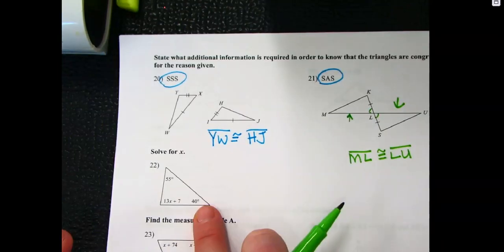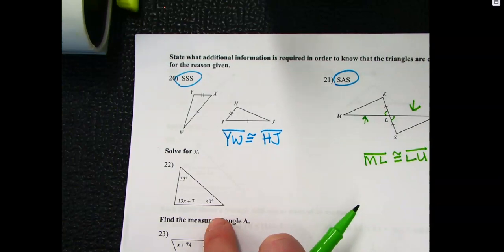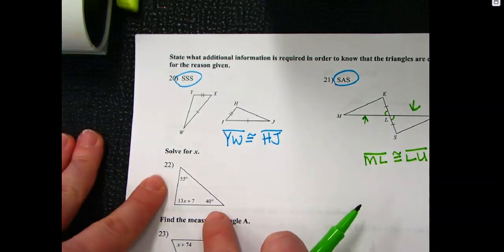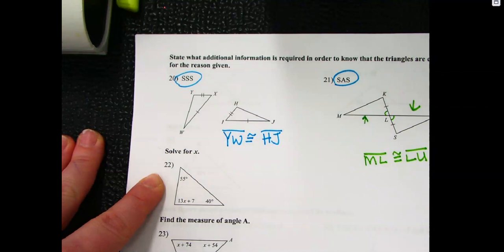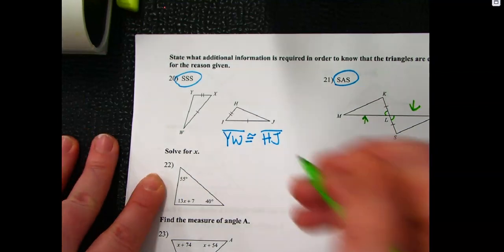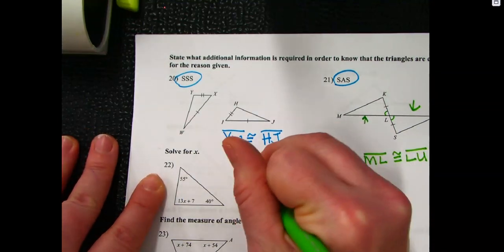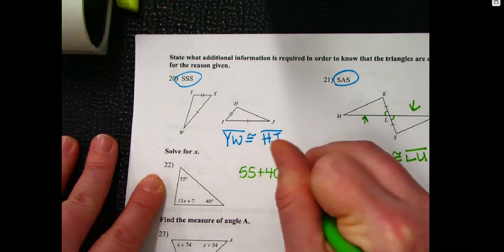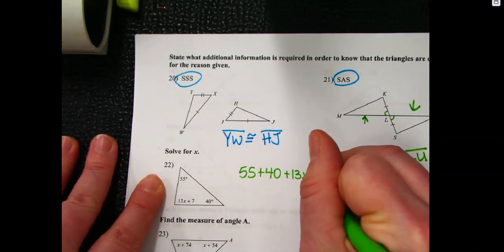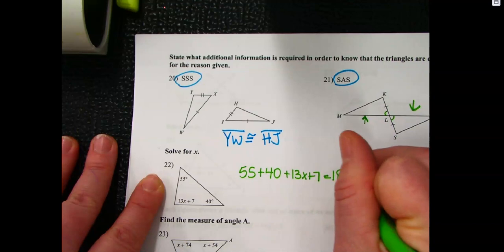Okay, number 22. If we're looking at this one, this is a triangle. The triangle has a total degrees of 180. So we're going to say 55 plus 40 plus 13x plus 7 is equal to 180.